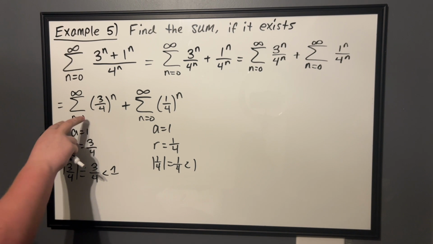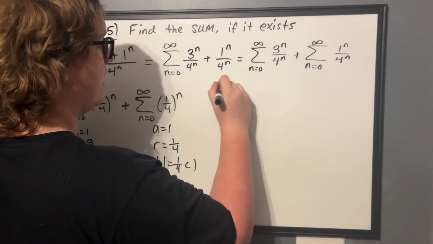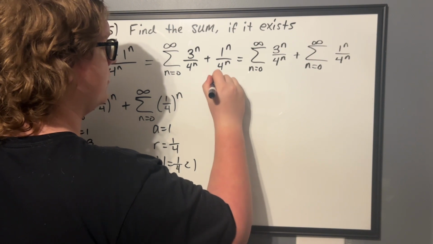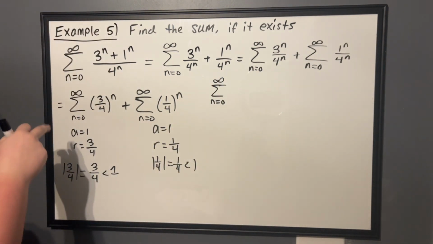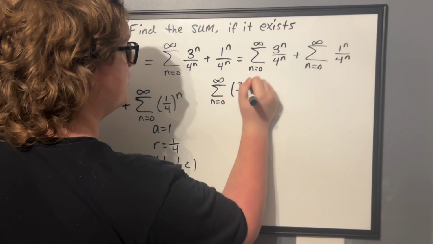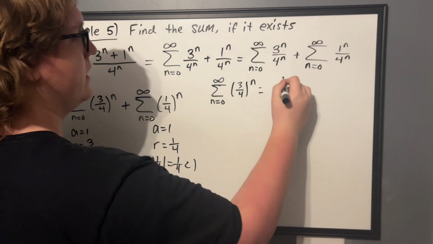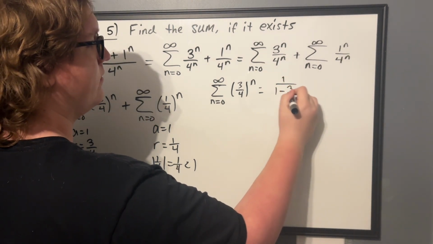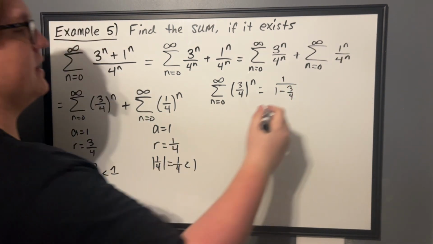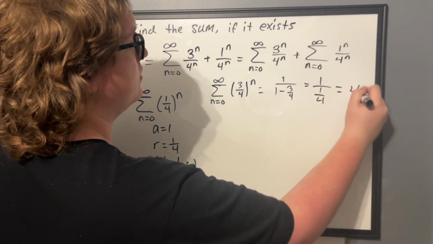So we're going to evaluate these sums individually. So we know that the sum from n equals 0 to infinity of 3/4 to the n is equal to a over 1 minus r. So it's 1 over 1 minus 3/4, which is going to be 1 over 1/4, which is equal to 4.